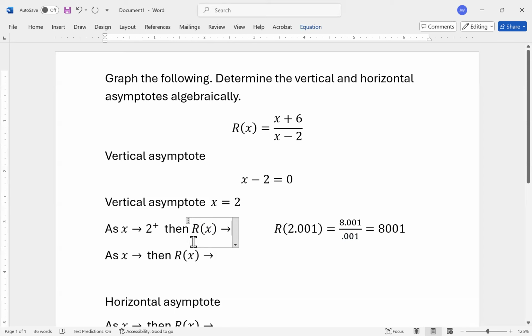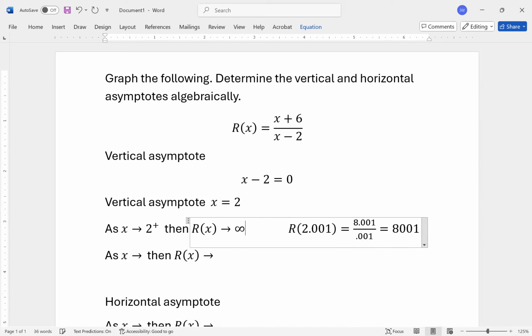That means this function is getting really, really big in the positive sense if I'm getting closer and closer to 2 from above. If I'm a little bit above 2, it's going off to positive infinity. Hopefully that makes sense.